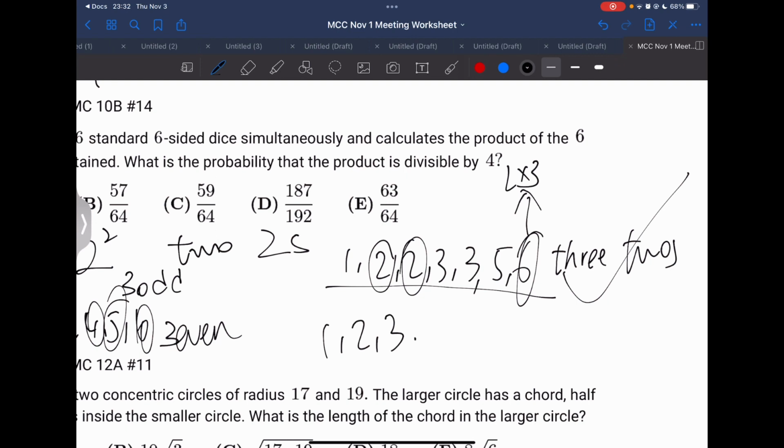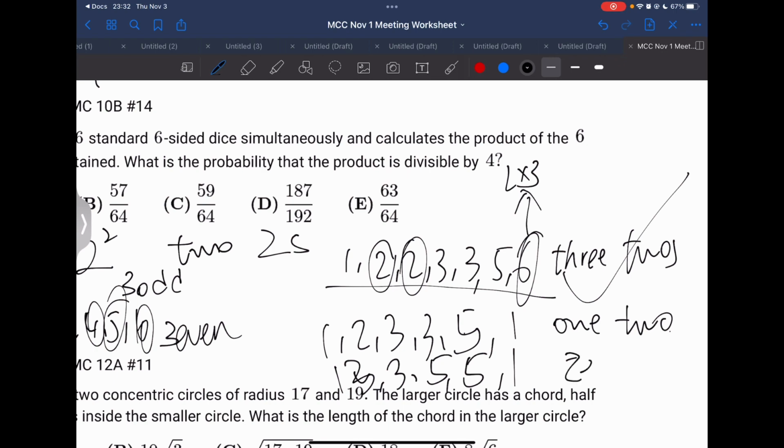And in the other case, there is only one 2, and this is not divisible by 4. And in the worst case, there are zero 2's.